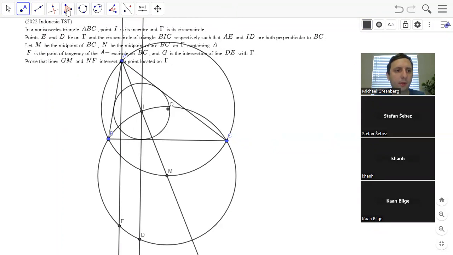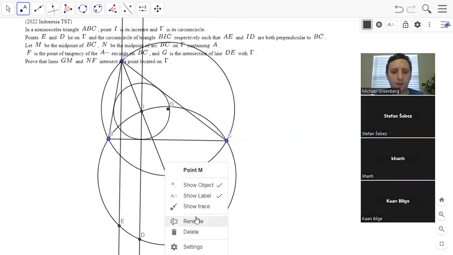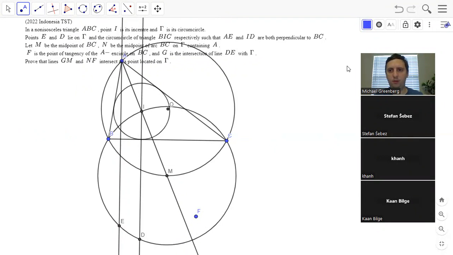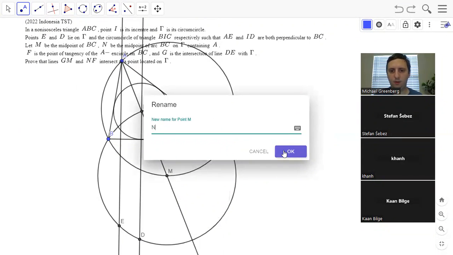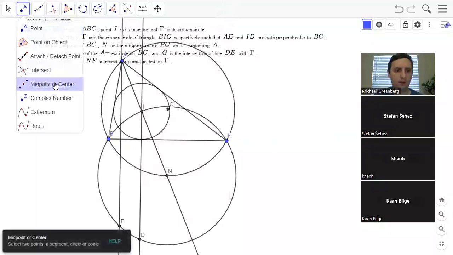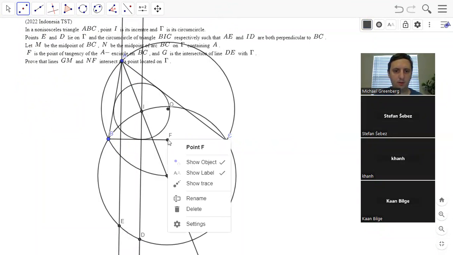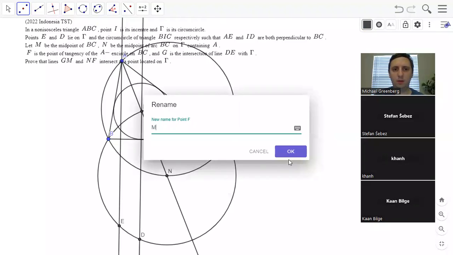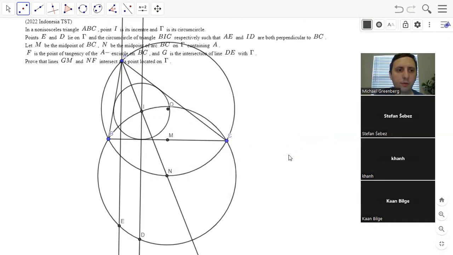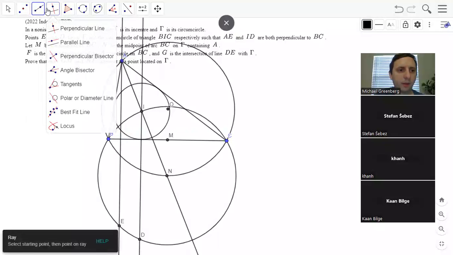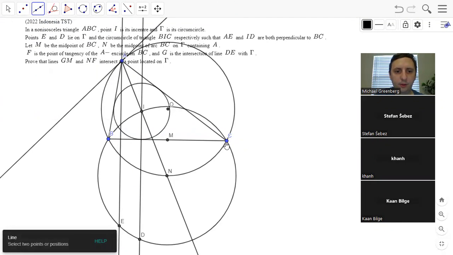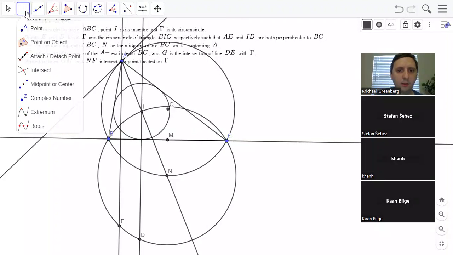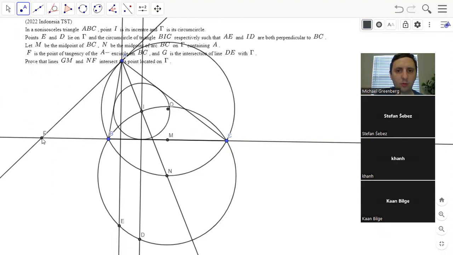M is the midpoint of BC. Whoops, let me call this N. F is the point of tangency of A. G is the intersection of DE with the circle.